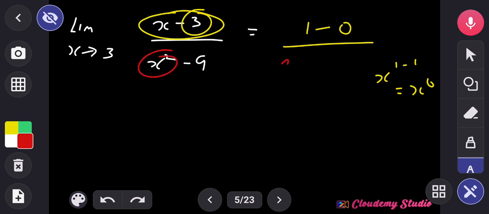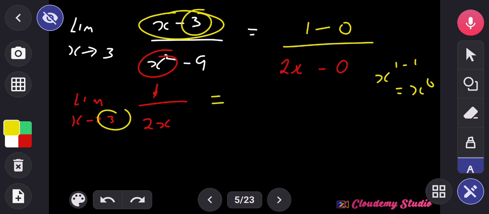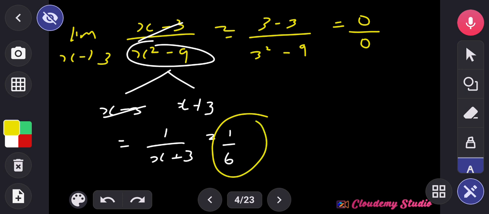This one becomes 2x minus 0 as well. You understand? Therefore, my limit of x tends to 3 equals 1 divided by 2x, right? 1 divided by 2x. And that will be giving us what? Whenever we see x, we put 3, so we have 1 divided by 2 multiplied by 3, and that equals 1 divided by 6, which is the same as when we use this particular method.